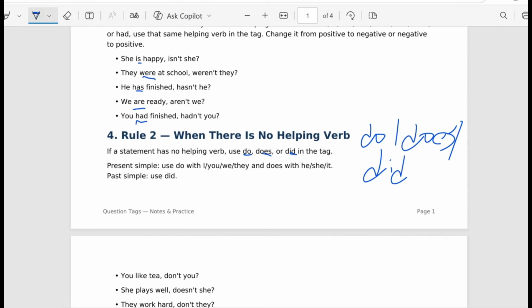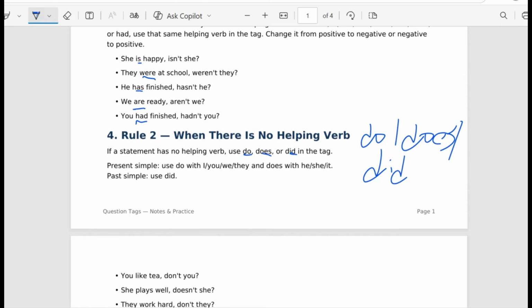For past simple, use did. So if it's something that happened in the past, you're supposed to use did. But if it's something happening in the present simple, use do. For example, he plays football, doesn't he? You're supposed to use does.